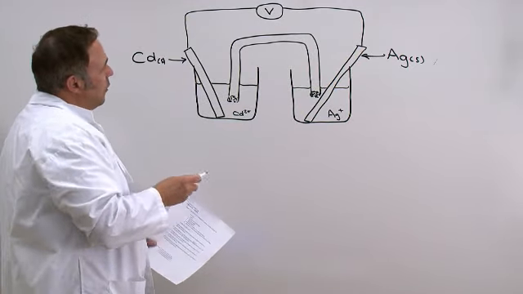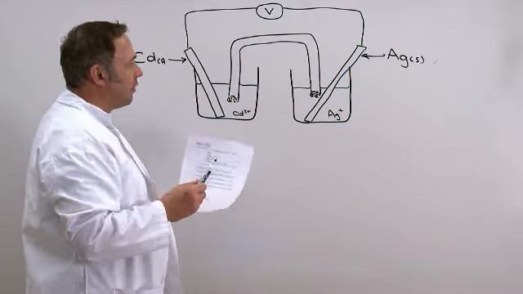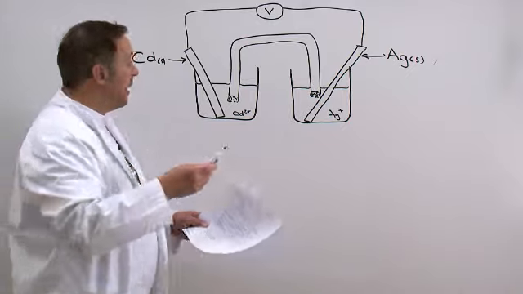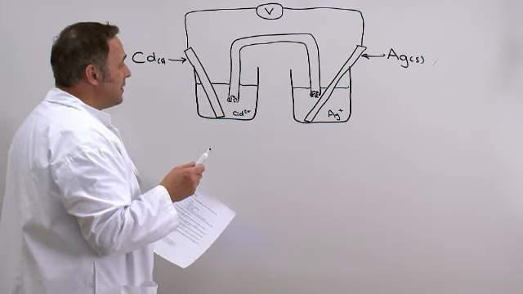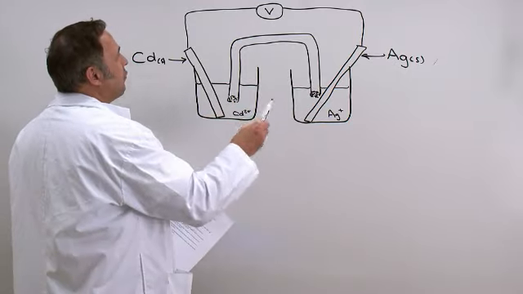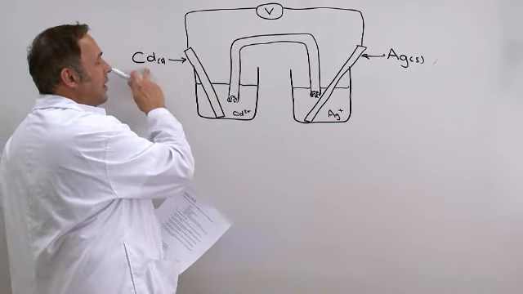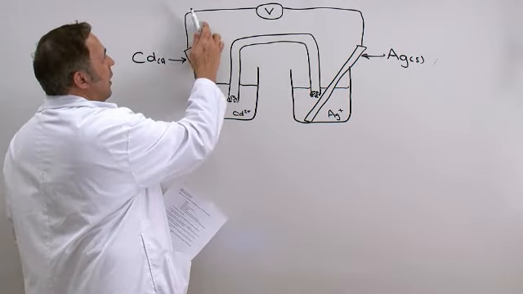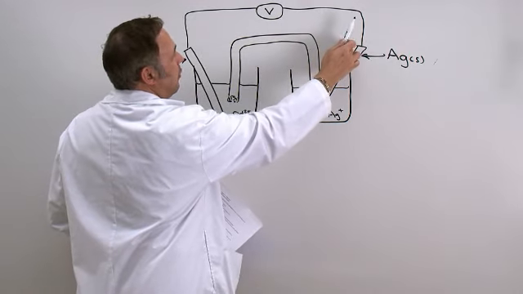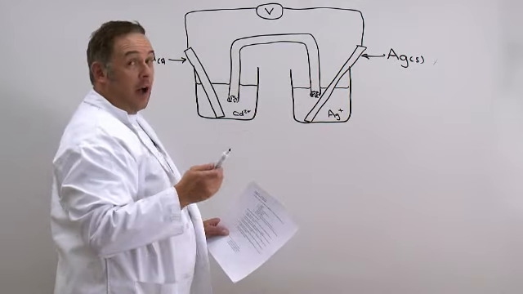All right, now I can label the anode and the cathode here based on the strongest oxidizing agent and the strongest reducing agent. The strongest oxidizing agent are the silver ions, and so electrons are actually going to be moving from this reducing agent, that is cadmium, along our conducting wire and going toward the silver ions.